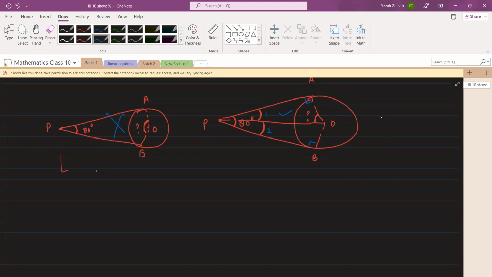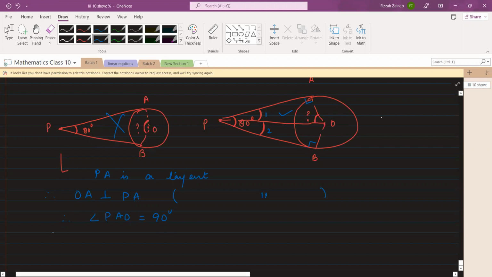So same, we write that PA is a tangent and therefore OA will be perpendicular to PA. And then you can mention the theorem. I'm not writing it. And therefore angle PAO is equal to 90 degree. Is that clear, everyone?